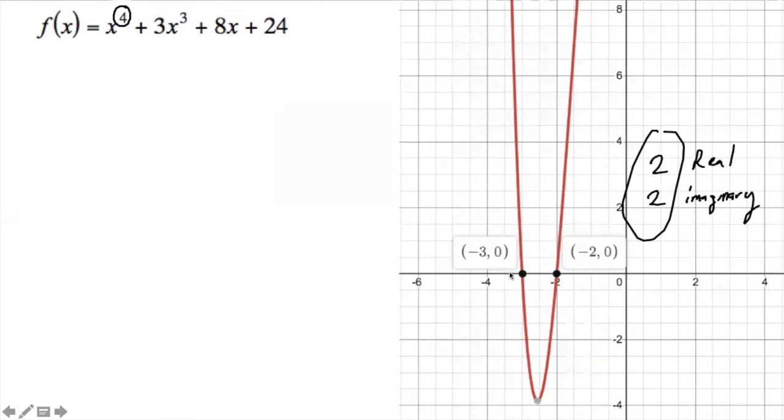So we can start by using the -3 or the -2. It doesn't matter which. I'm just going to say let's go with -3. We'll put that in a little bracket and we'll do synthetic division. So our coefficients of this polynomial here are 1, 3. Ooh, hold on, pump the brakes. It has to go in a descending order.